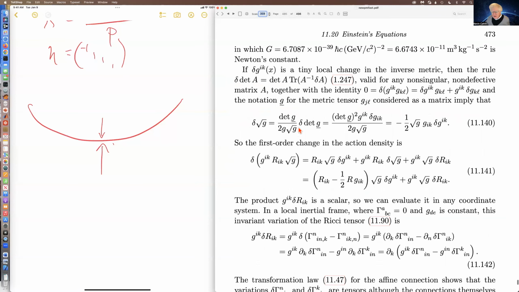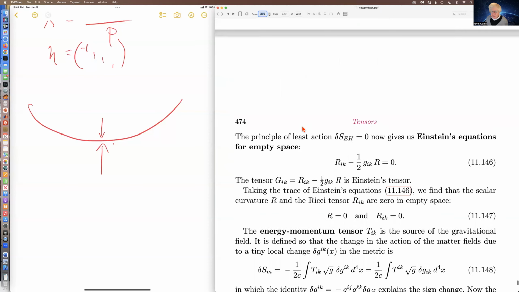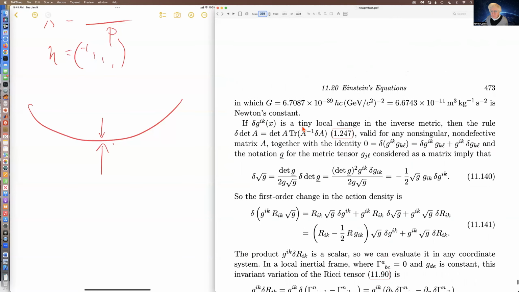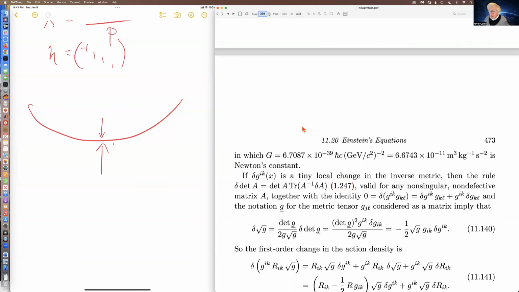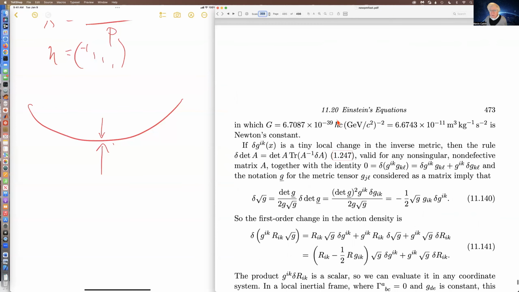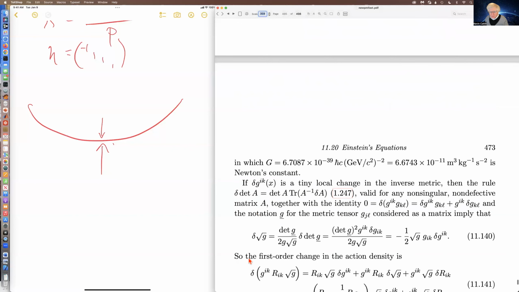Anyway, I don't know how much of this to go through in real detail. Let me go through it quickly and then come back. So basically, what we're going to do is say that this, of course, is the action in empty space where there's nothing but gravity, in other words, nothing but the gravitational field.